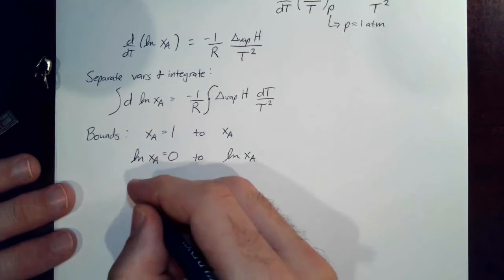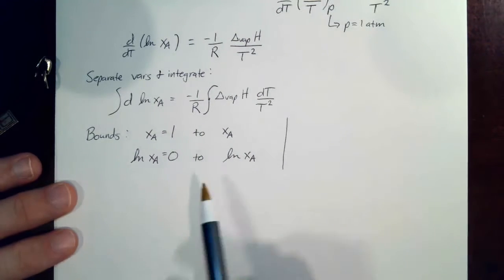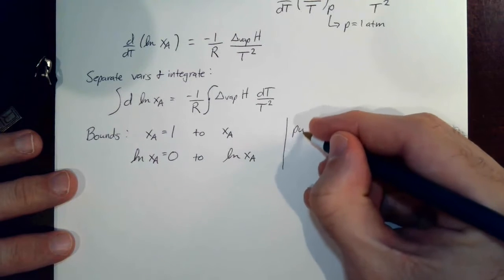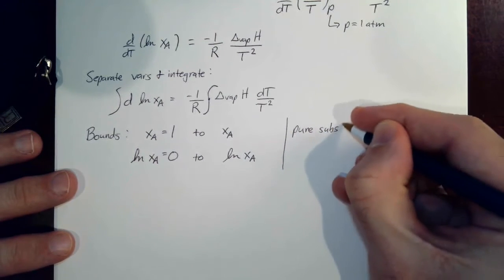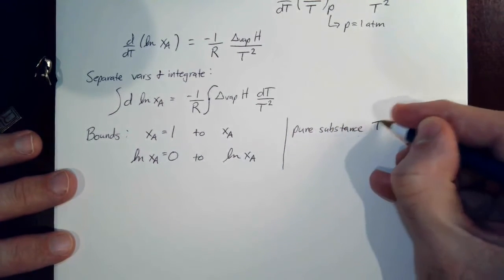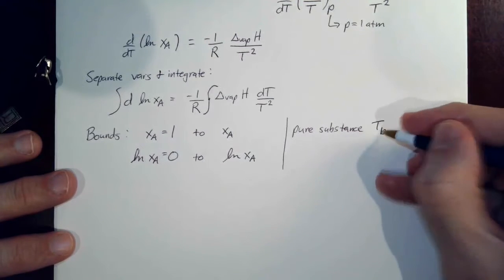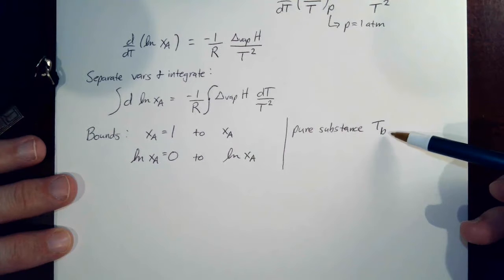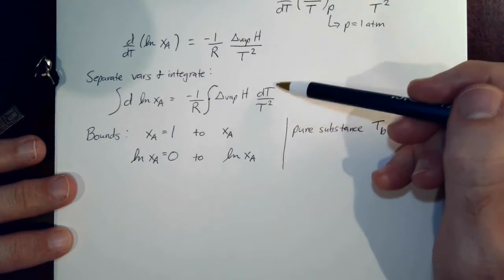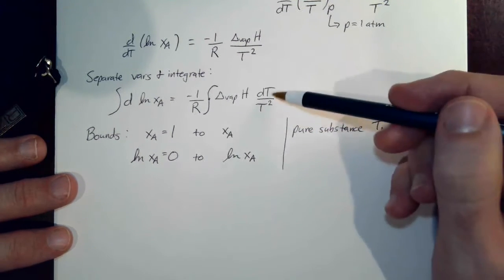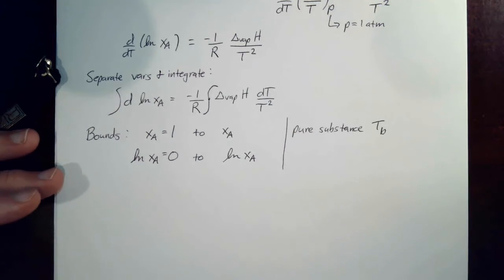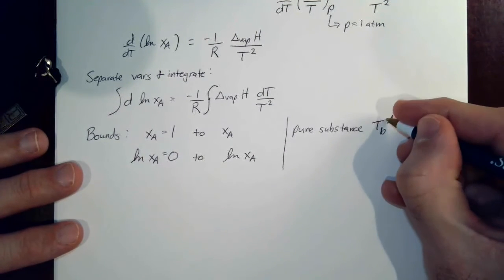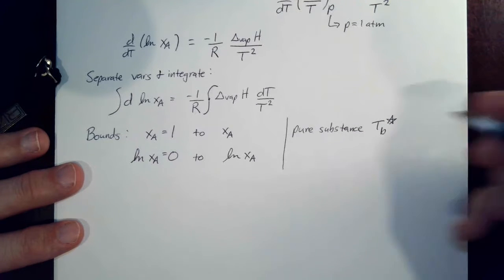What about the right-hand side? When XA is equal to 1, that means we have a pure substance. So the boiling temperature, T, I'm putting a subscript B on here to remind us that it's the boiling temperature. All of these T's are really referring to the boiling temperature. Boiling temperature is our T variable in this case. So for a pure substance, we know what the boiling temperature is. It's TB star.